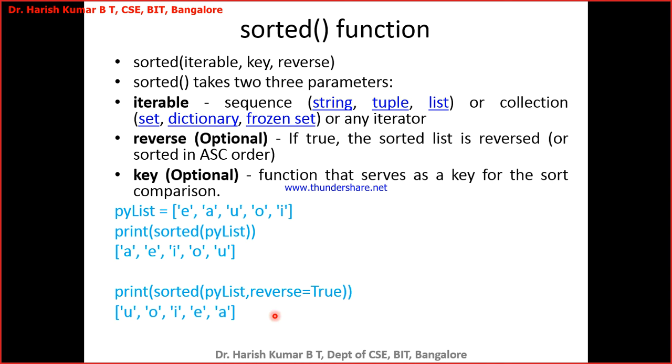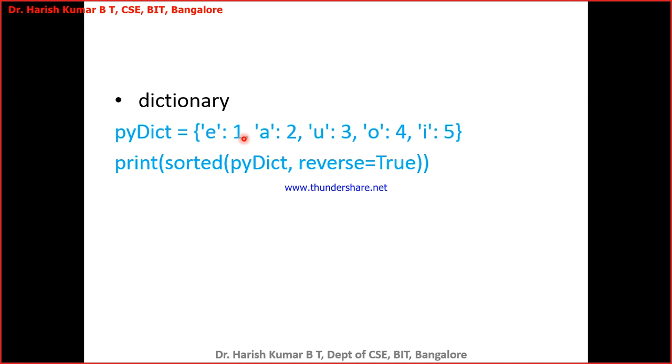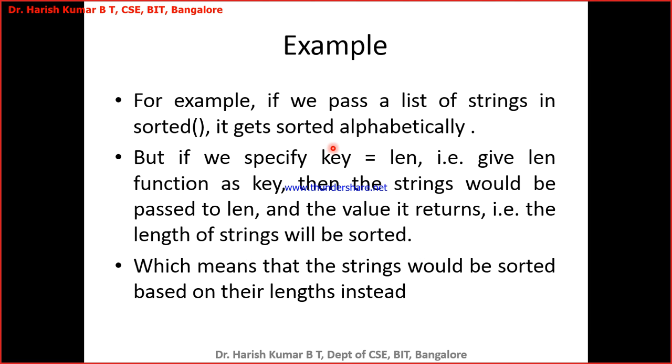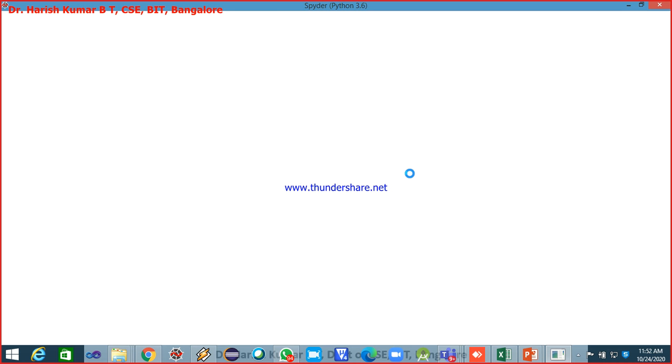So we understood the examples of how to reverse them in decreasing order. And then the key function: when you are using it, you can pass any built-in function as an argument to it, and not necessarily a built-in function. You can also give user defined functions.